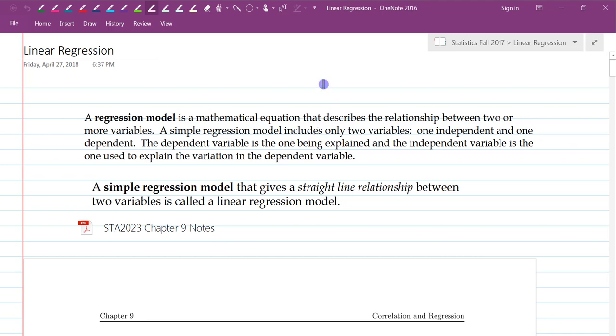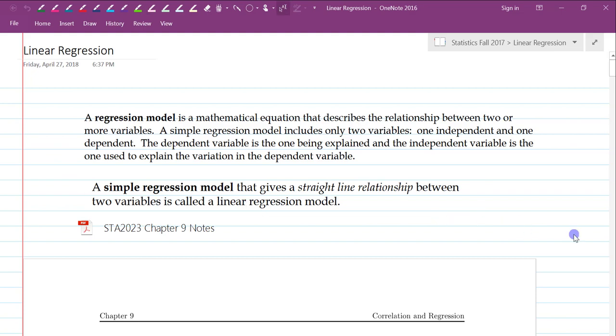So our objective would be that we would be able to develop a simple regression model that's going to yield a straight line relationship between the two variables, let's say the number of miles on the car and the price that we sell the car for. Okay, that's what we're going to be attempting to achieve.